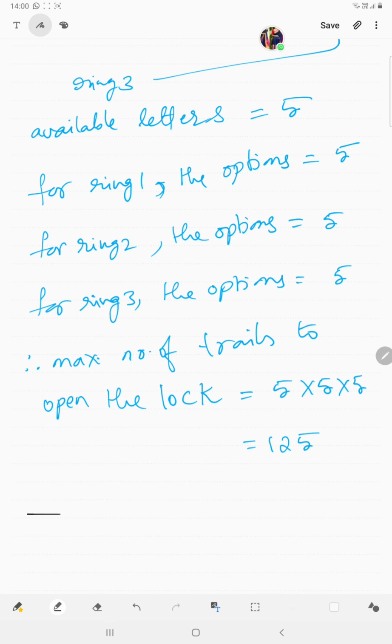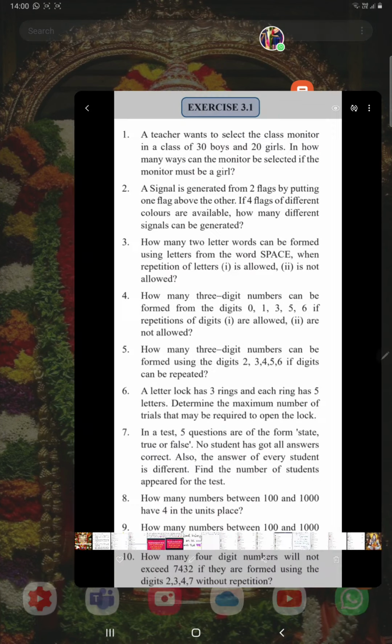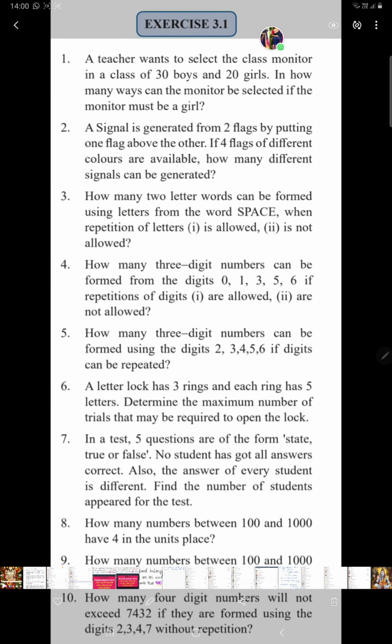Now question number 7, today's last question. In a test, 5 questions are there. I'll repeat. In a test, 5 questions are of the form state true or false. No student has got all answers correct.